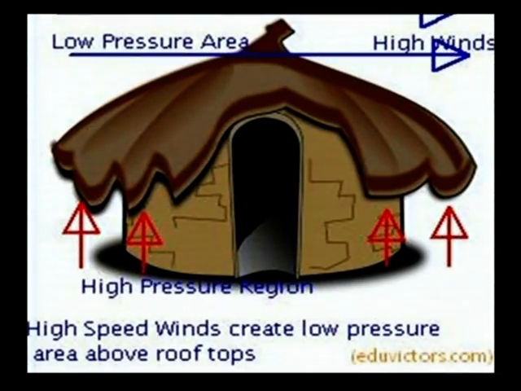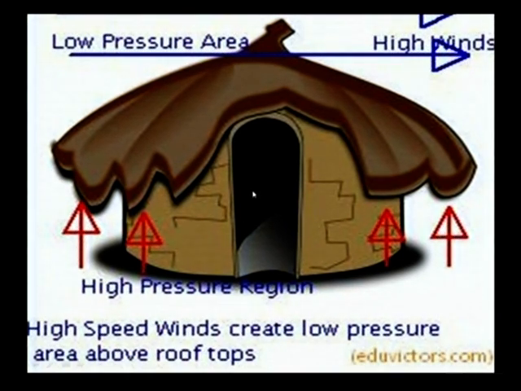Okay friends, similarly, observe this. What is this? This is a hut. During a windstorm, when high velocity winds blow over the roof of a house, the pressure at the top of the house decreases and the pressure inside the house increases.